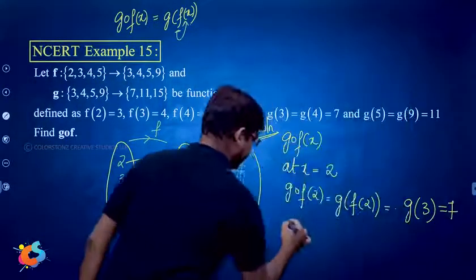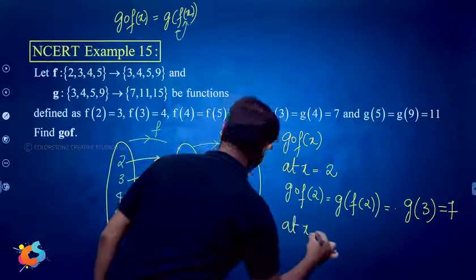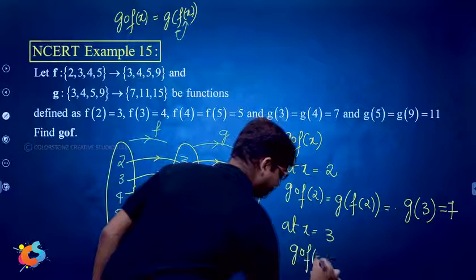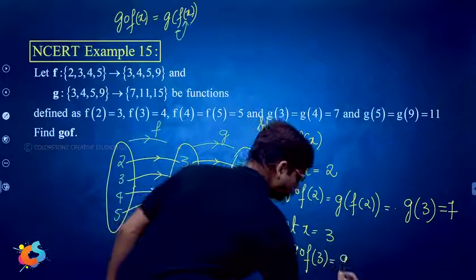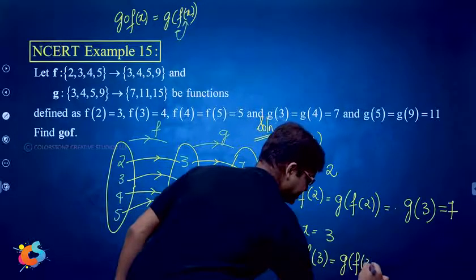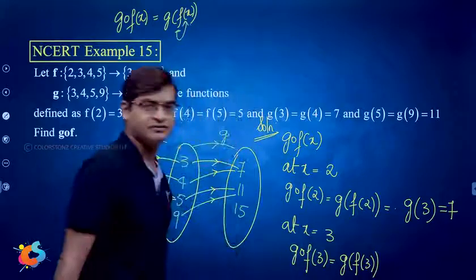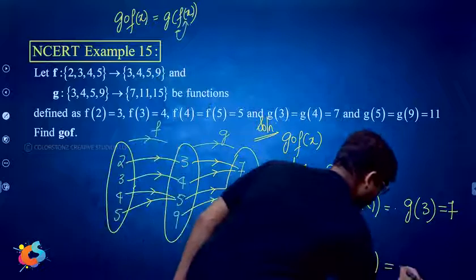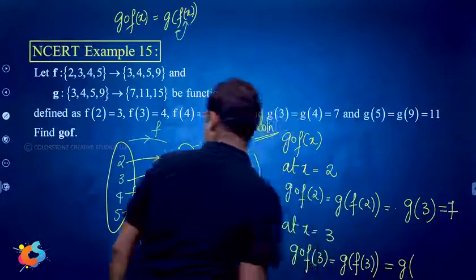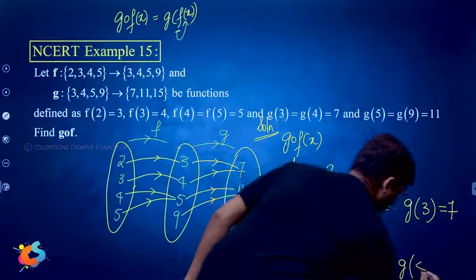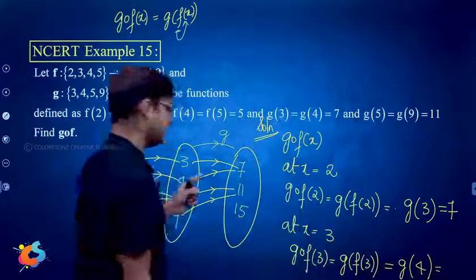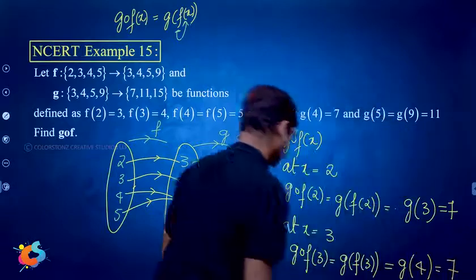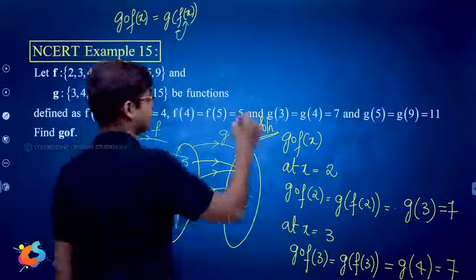Fine. Next, at x is equal to 3, G circle f of 3 is equal to, as I told you, G of f of 3. Replace the innermost function. So here f of 3 is 4. Next, G of 4 is 7. So here we have 7. Next, after that, let us take the next part.